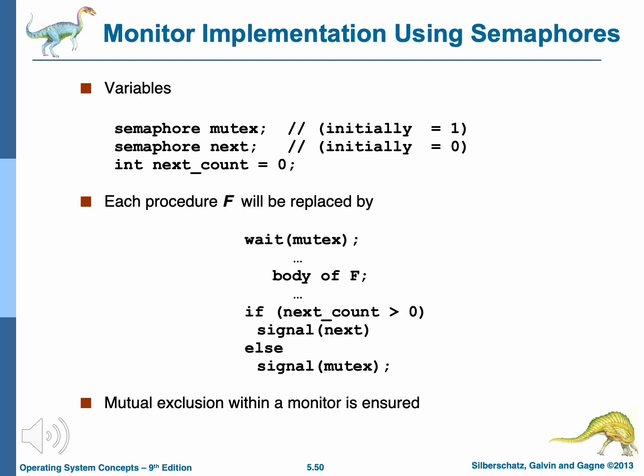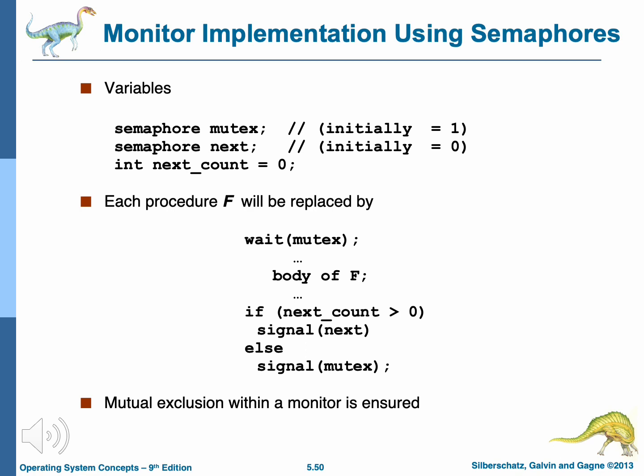Implementing a monitor using semaphores. We now consider a possible implementation of the monitor mechanism using semaphores. For each monitor, a semaphore mutex, initialized to 1, is provided. A process must execute wait(mutex) before entering the monitor and must execute signal(mutex) after leaving the monitor.